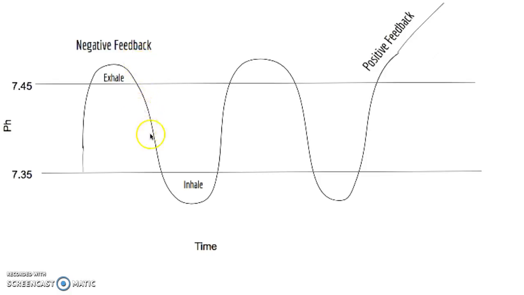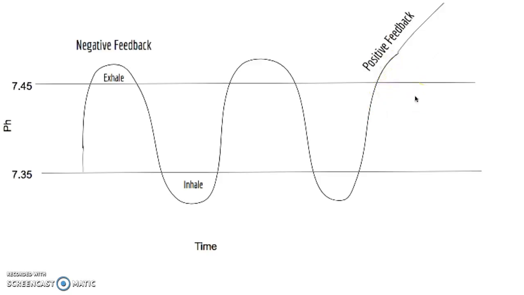And when the pH goes below 7.35, you'll inhale, and so on until, let's just say, a positive feedback occurs. So this will be continuously inhaling. So you want to exhale here. And so this is positive feedback.